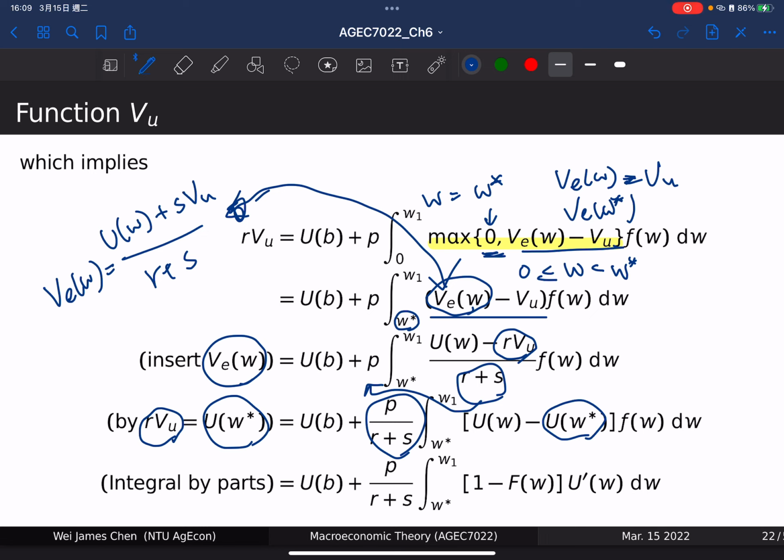And then this is what your TA helped you with in the second week. You do an integral by parts. Then you will get what's inside becomes 1 minus F of w times u prime of w.